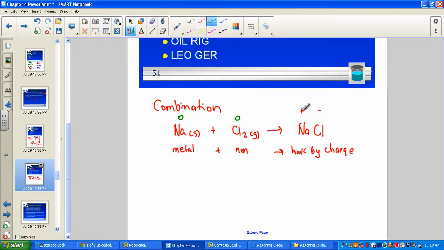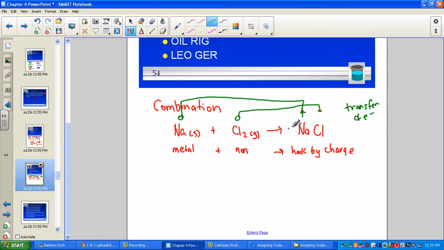Now when they hook together, notice how they're carrying a charge. The oxidation number of sodium is +1, and the oxidation number of chloride is -1. Sodium changed charge. It started as a 0 and became more positive. Chlorine went from a 0 and became more negative. We've had a transfer of electrons.